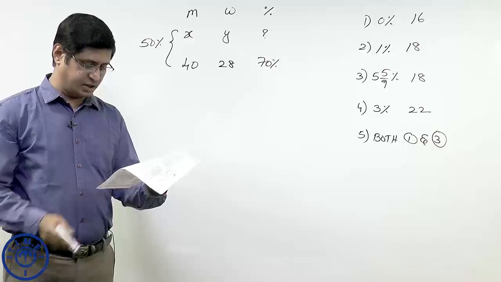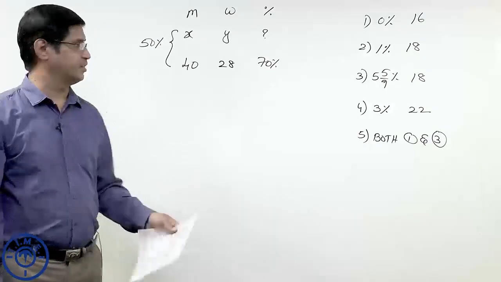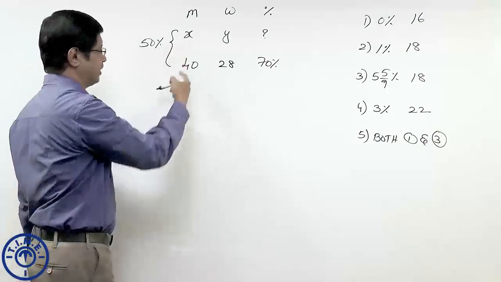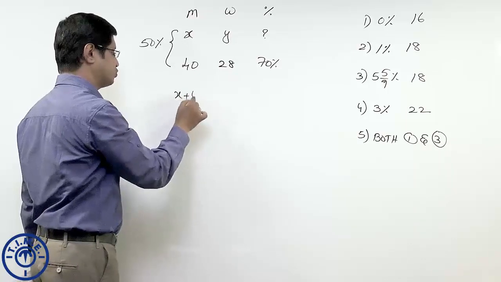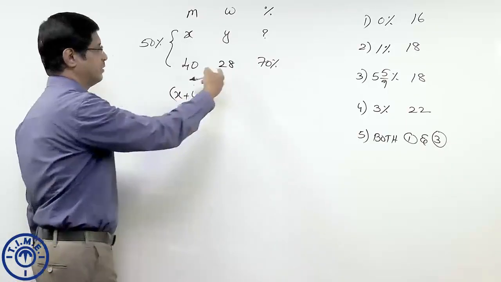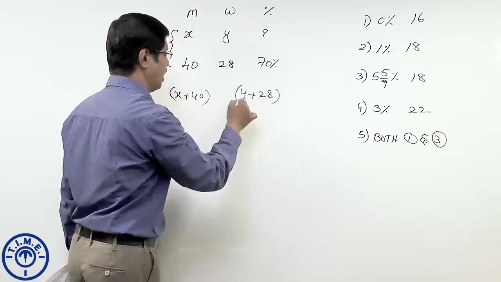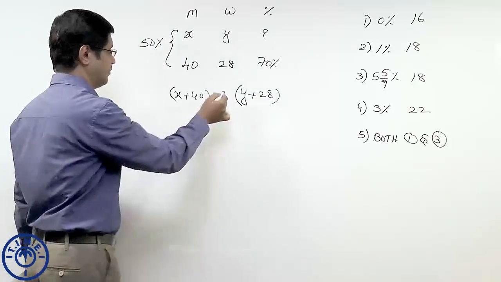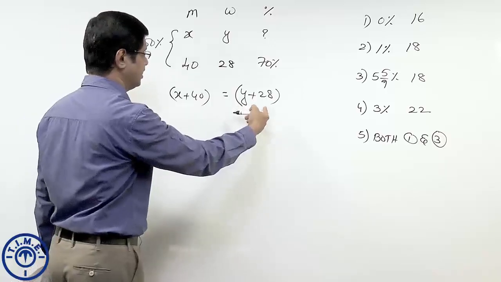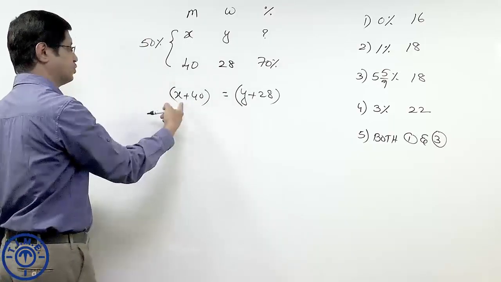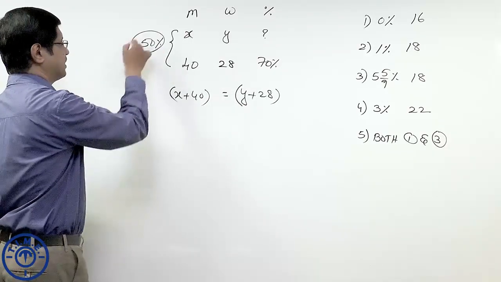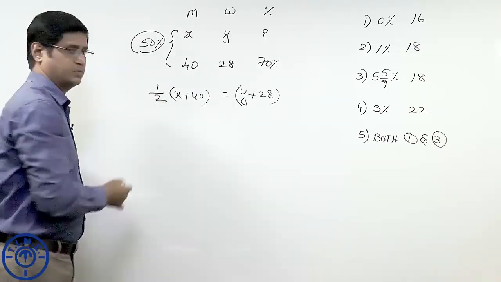The number of matches played overall is X plus 40, and the number of matches won is Y plus 28. How are these two related? The value of Y plus 28 is equal to 50% of the total number of matches played. 50% means half of the value.